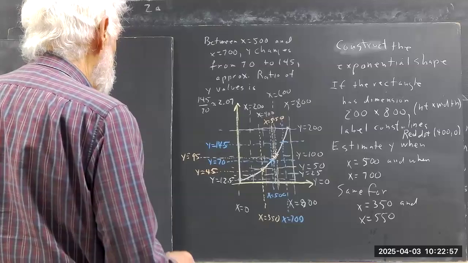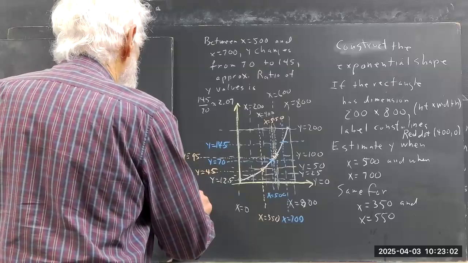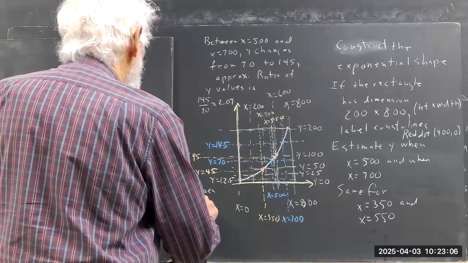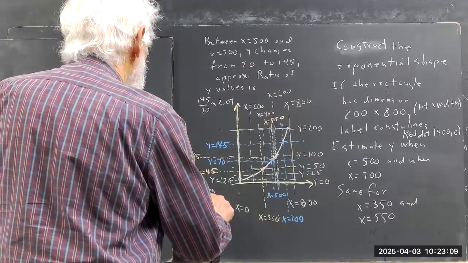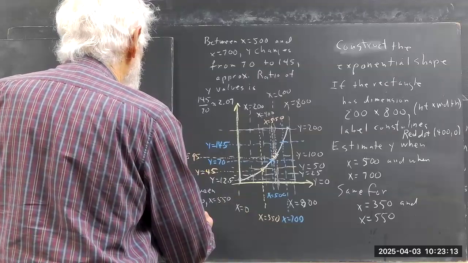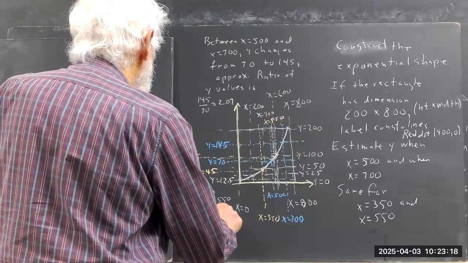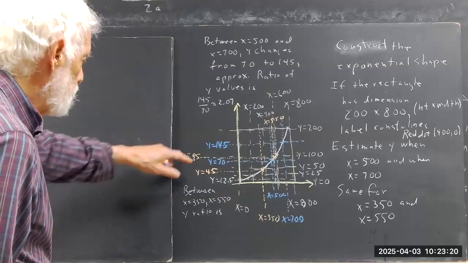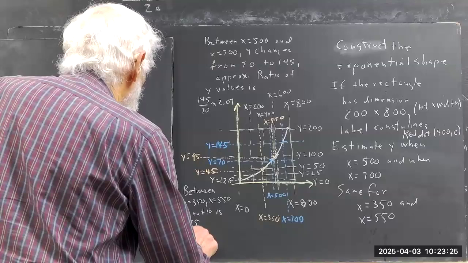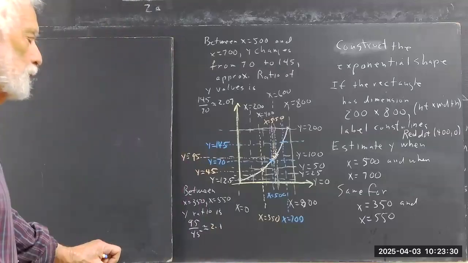Okay. So if we take the ratio of these, it's 95 over 45, which is approximately equal to 2.1.